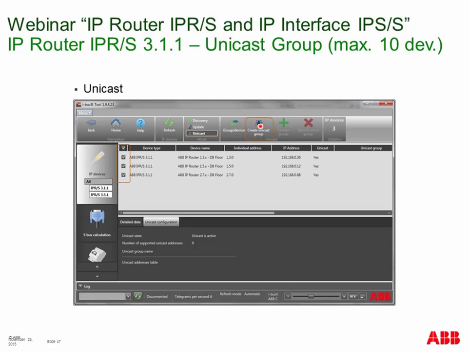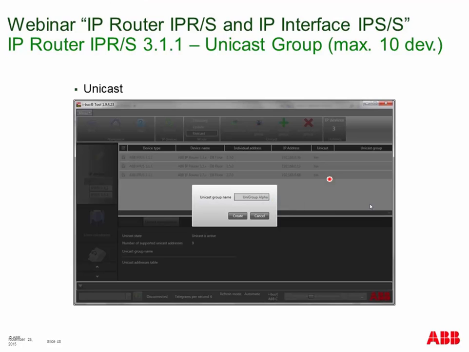You click on this. But before you do this, you select the IP routers you would like to assign to the Unicast group. Maybe not all 3 should be in a Unicast group, maybe only 2. But in this case, all 3 are selected. And I create for these 3 a common Unicast group by clicking here.